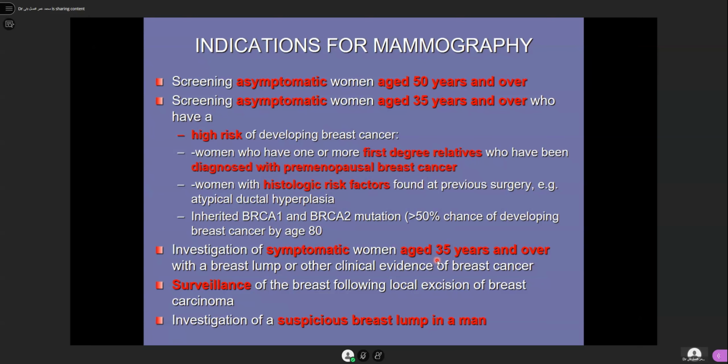After 35 years of age, females start to develop more fatty tissue, and due to this, the diagnosis of breast cancer is easier on those mammograms. Other indications include surveillance of the breast following local excision of breast carcinoma, and investigation of a suspicious breast lump in a man. So these are some indications for mammography.